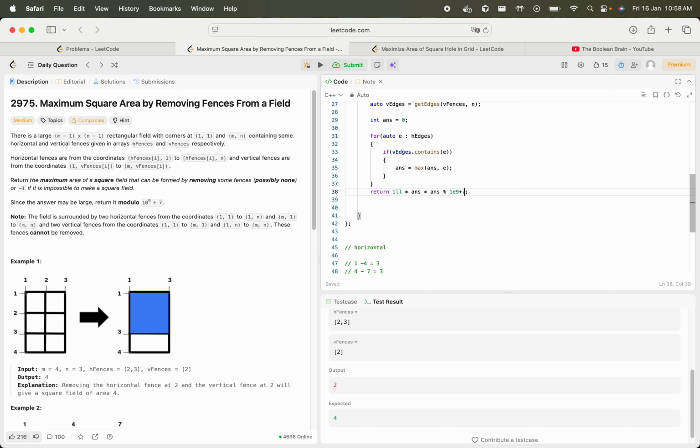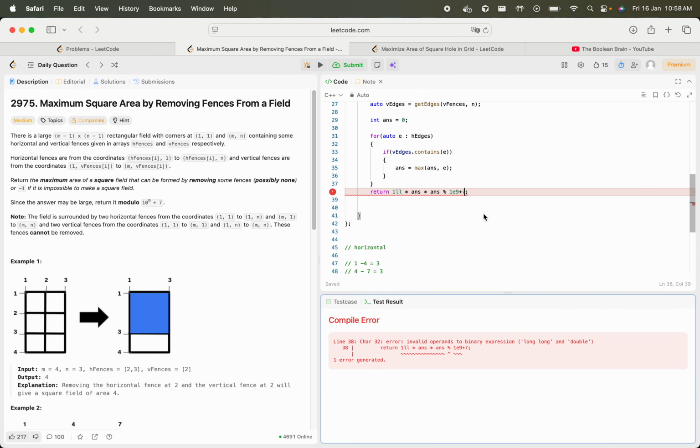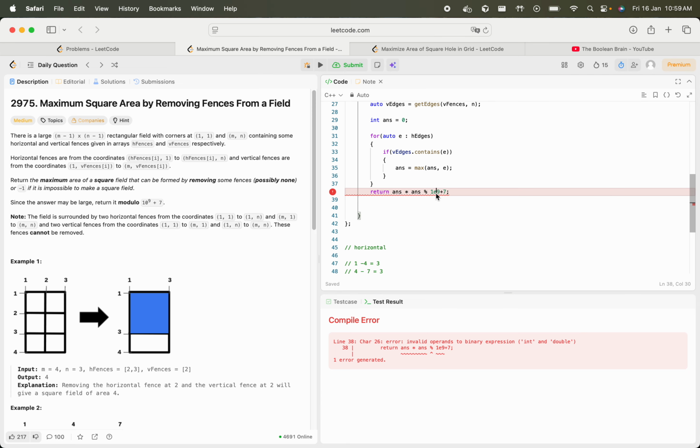Okay, let us try to run this. Invalid operands, 10 power 9. Okay, let's get rid of this for now and try to run this and see if it's accepted.